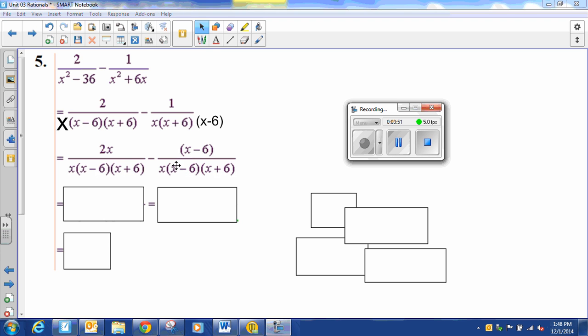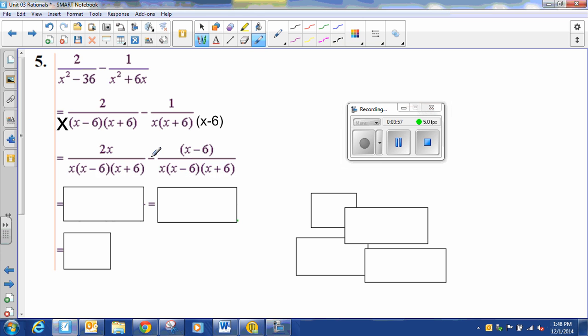Now that we have a common denominator, we can simply subtract, we can say 2x minus x minus 6, remembering to keep change. This negative will become addition. Let's negate the x and negate the negative 6, making it positive 6.